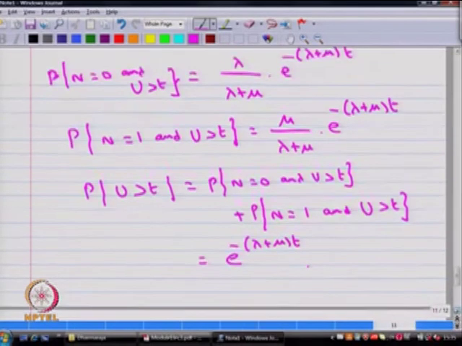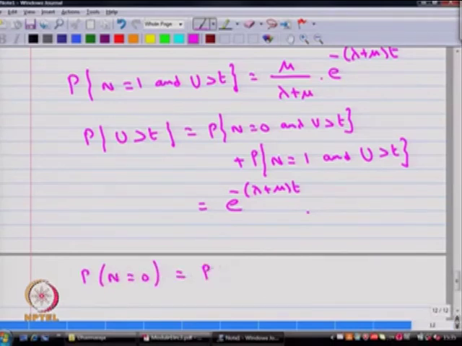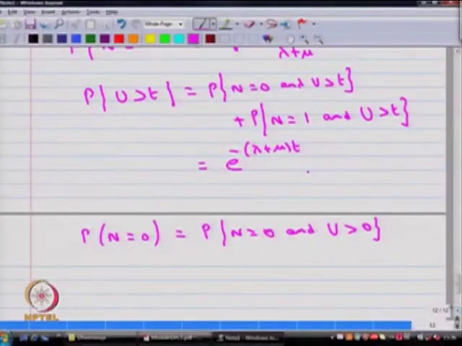We can find out the probability of N equal to 0 using the probability of N equal to 0 and U greater than 0. The t is greater than or equal to 0, therefore, probability of N equal to 0, that you can compute from probability of N equal to 0 and U greater than 0. That means, you substitute t equal to 0 in the previous result, you will get the probability of N equal to 0.